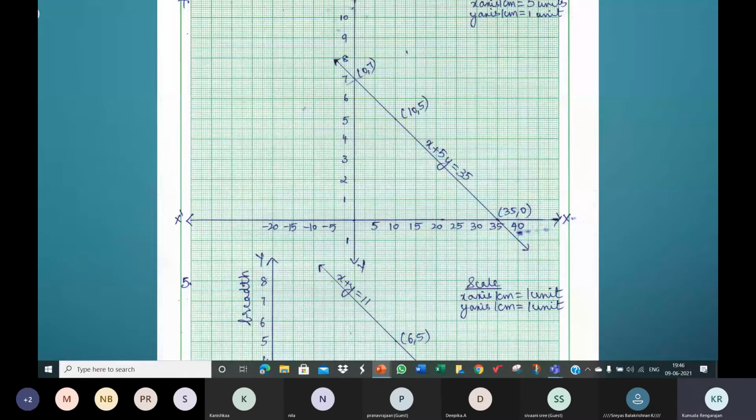How do we find the y-intercept? And 0, 7 is the y-intercept. Yeah, but how do we find it algebraically? The line which crosses the y-axis.